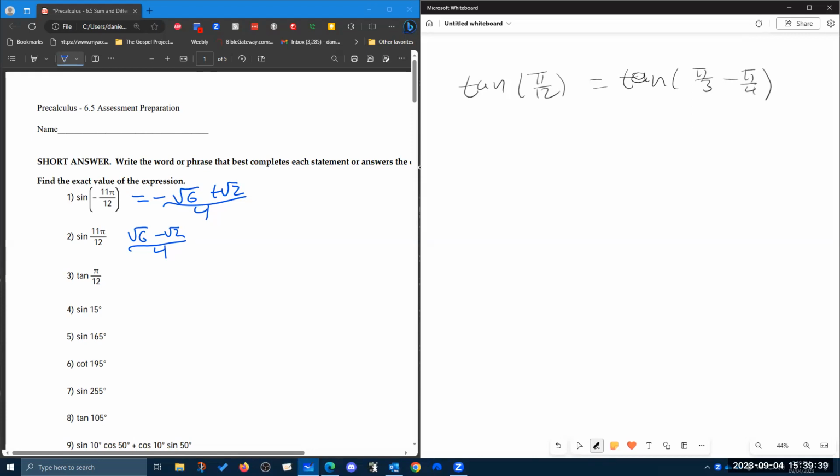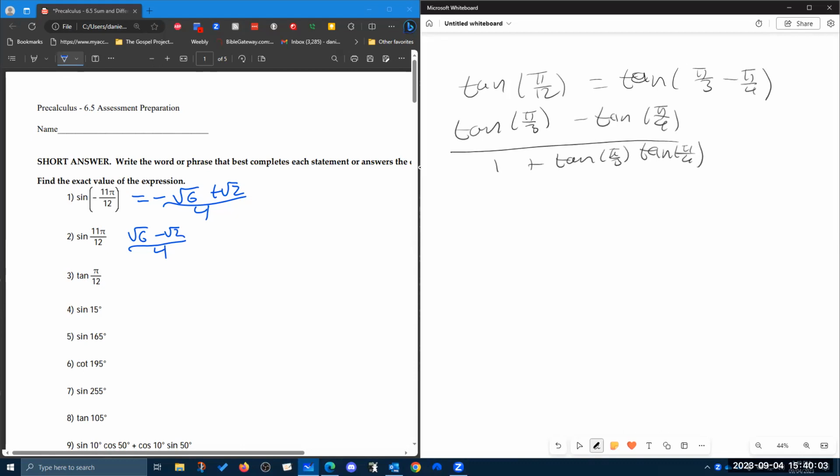So let's do it this way. This is tan pi over 3 minus tan pi over 4 over 1 plus tan pi over 3 tan pi over 4.